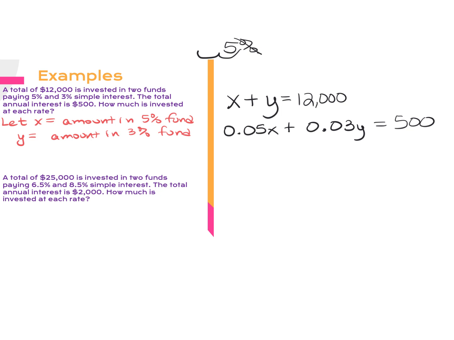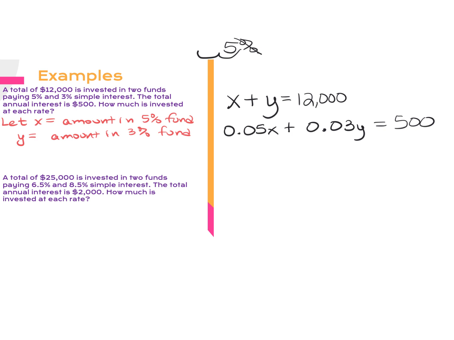So now I've got my system. Now I can choose a method to solve this. Because 9-1 is supposed to be substitution, I'm going to use substitution. However, I'm going to use a trick that I taught you at the beginning of the school year, and I'm going to clear the decimal. I'm going to multiply that second equation by 100, or essentially move all the decimal points 2 times to the right.